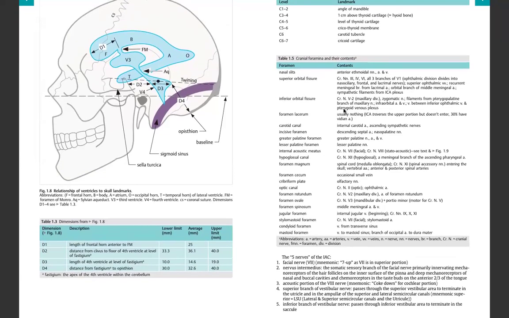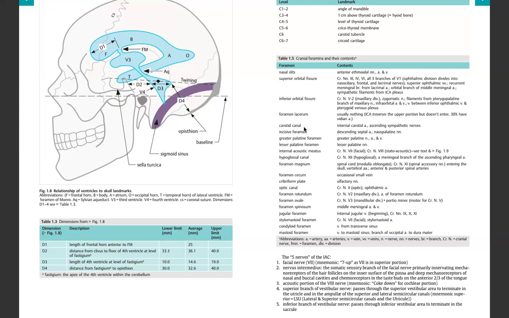Okay, so next are the foramina in the skull and their contents, which are, of course, important MCQ questions. A lot of other important things can come up from this. Those preparing for MRCS, you'll be tired of seeing it.